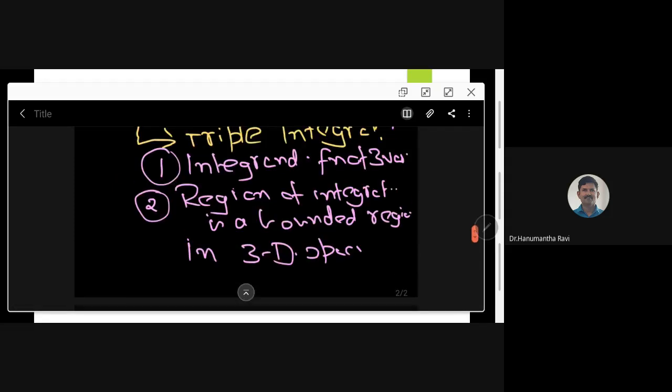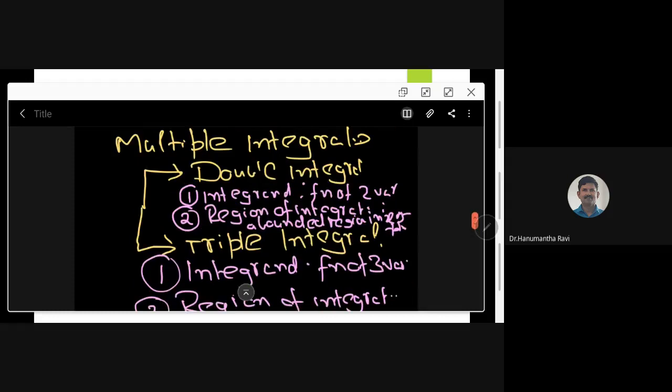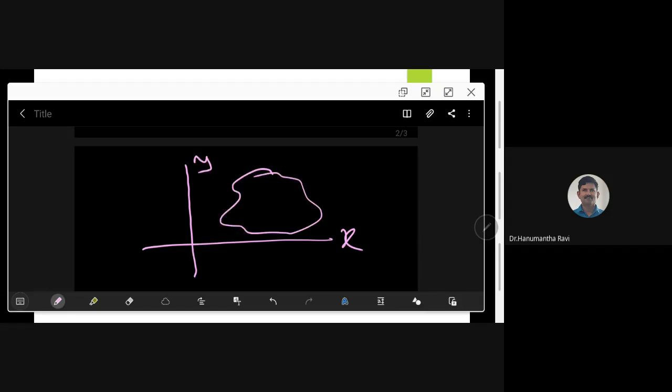Next, region of integration in case of double integrals, because here we are dealing with two variables. Always try to remember: this is the xy plane. A part of this region is called the region of integration. It is always a bounded region.